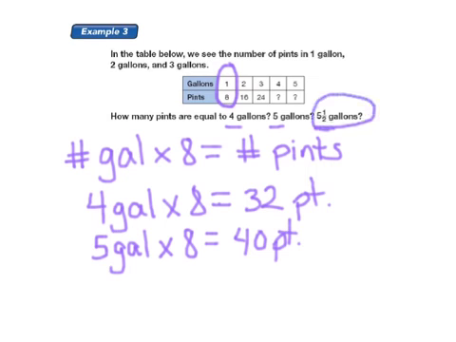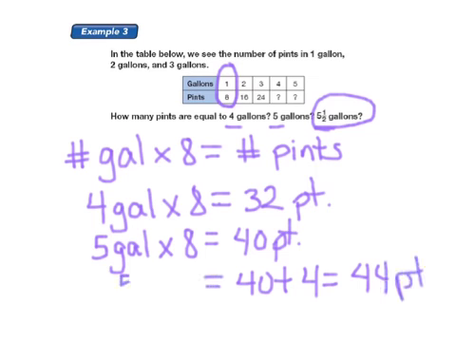So I would need to take the 5 gallons, which I know is 40 pints, but then I need to add half of a gallon to that. Okay? Half of 8 is 4, so 40 plus 4 equals 44 pints, and that equals 5.5 gallons.